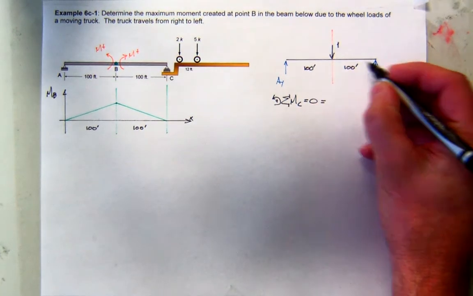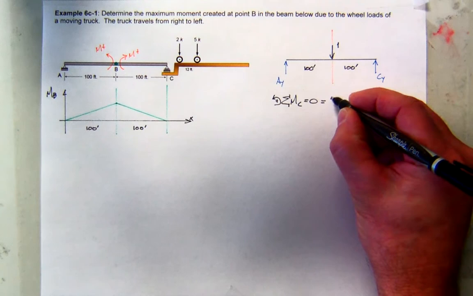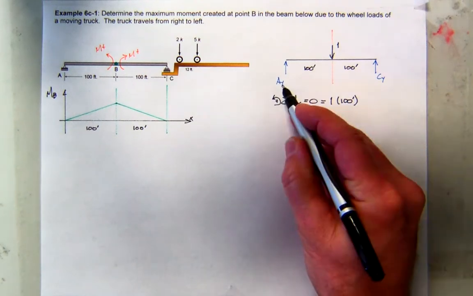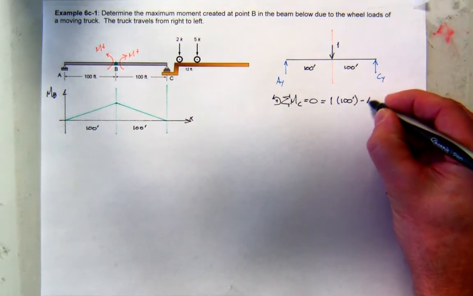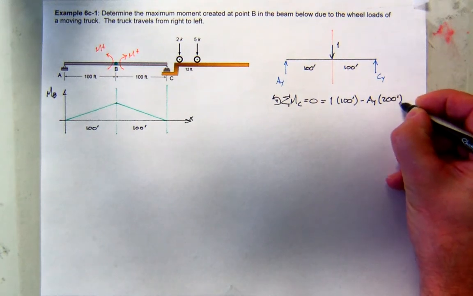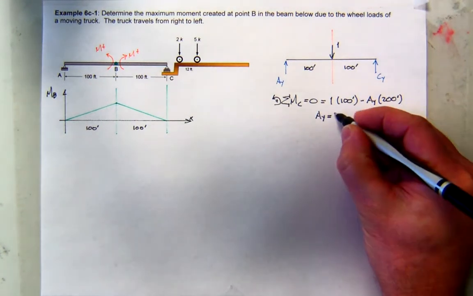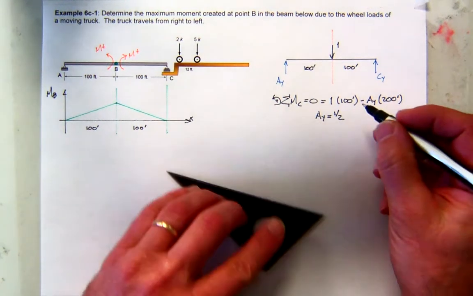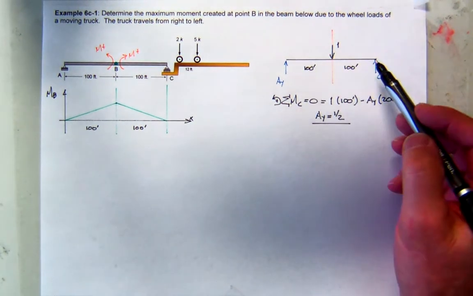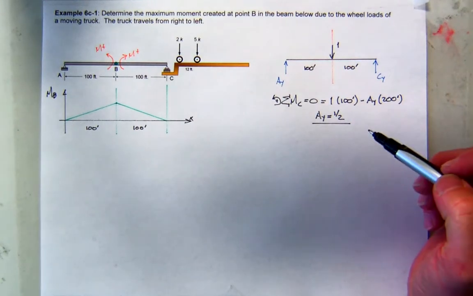About C, my unit load creates positive moment with a moment arm of 100, and AY creates negative moment about C with a moment arm of 200. So AY is 1/2. That should not be surprising. With a load of 1 right in the middle of a simply supported beam, you'd expect the reactions to be half and half, and that's what we got.